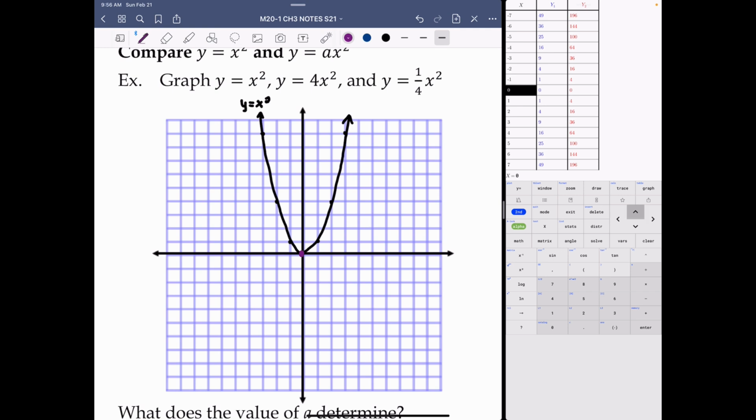At -1, y is 4. And at -2, y is 16. That's too big. At +1, y is also 4. I can join these points together. And that's our graph of y equals 4x squared.